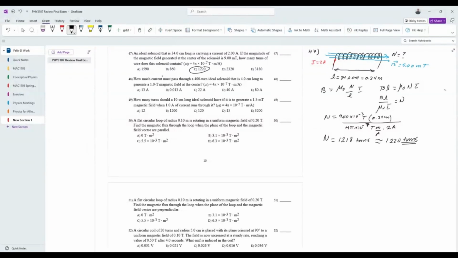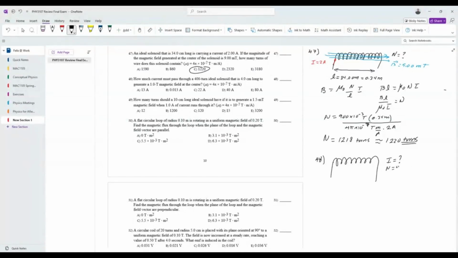Now, the next exercise, 48, is very, very similar. Because again, in 48, you have a solenoid. I don't want to solve it. I will just give you the tips to solve 48 and 49. In this case, in 48, you have your solenoid, and you want to calculate how much current is passing through this solenoid.